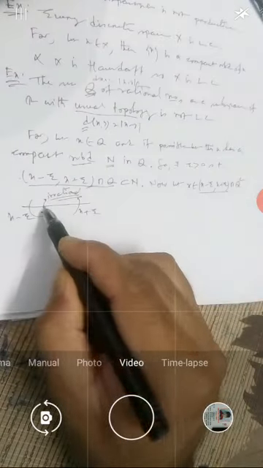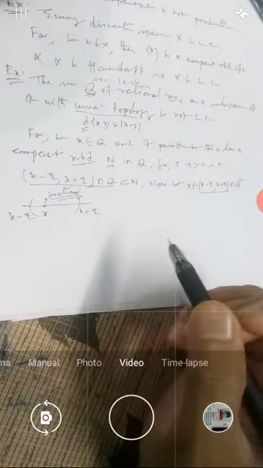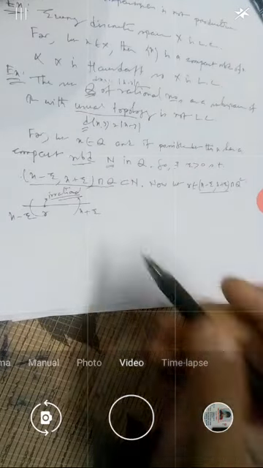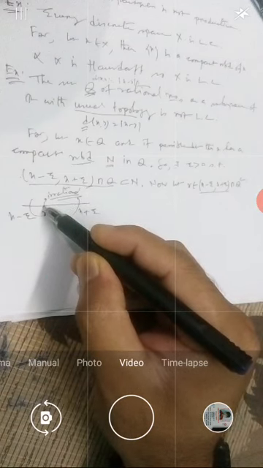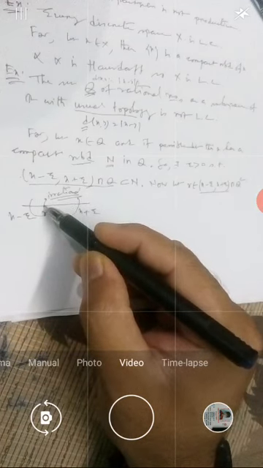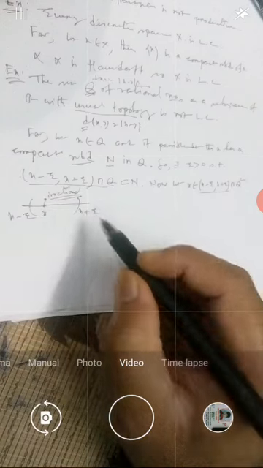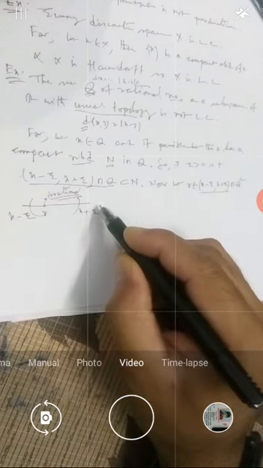So we know from BSc that the set of rational numbers is dense in R. So there exists a sequence of rational numbers converging to r. Fine.